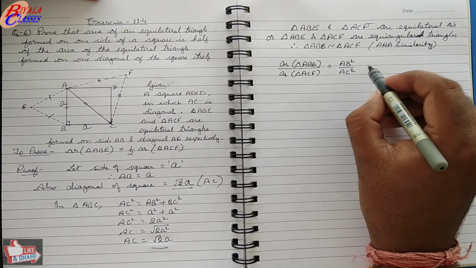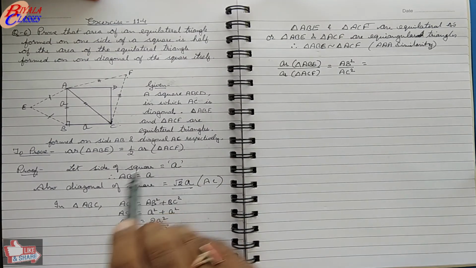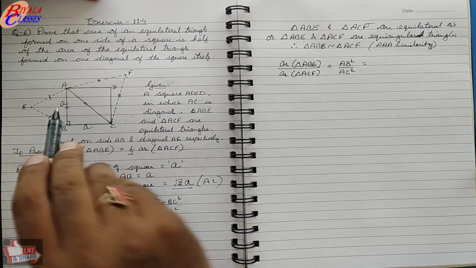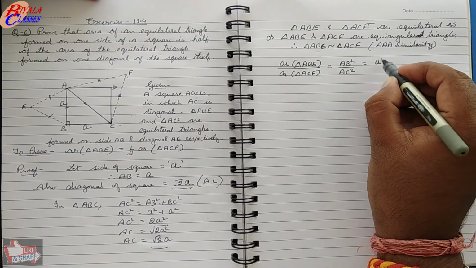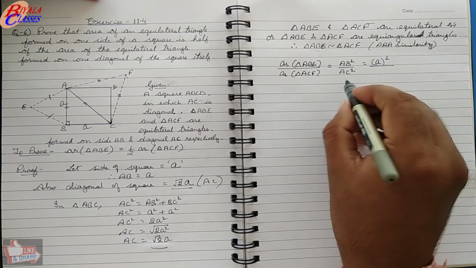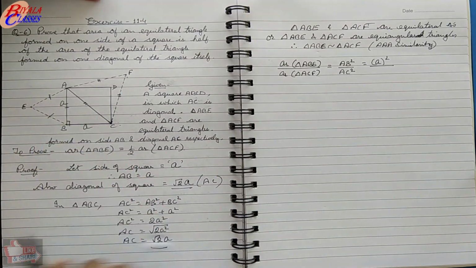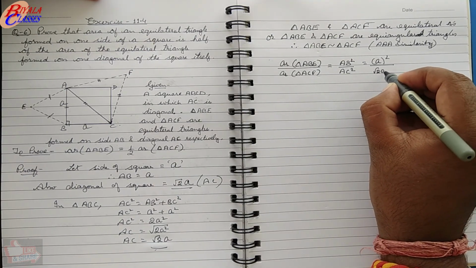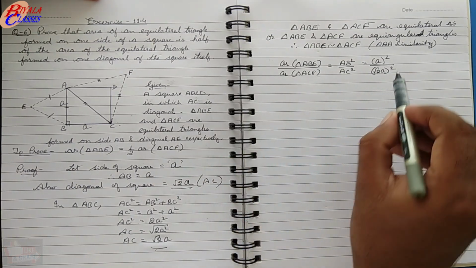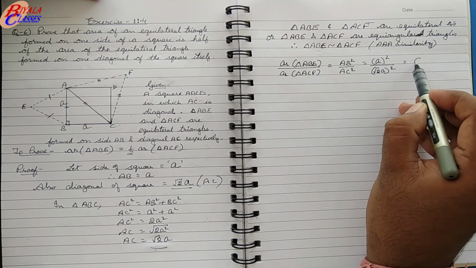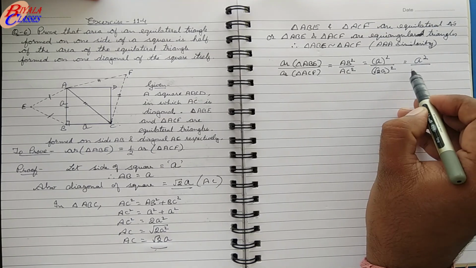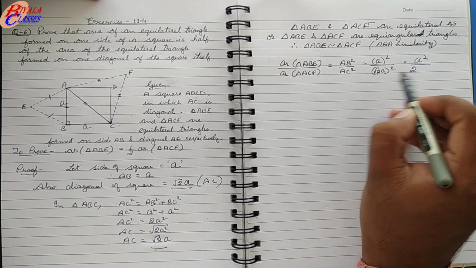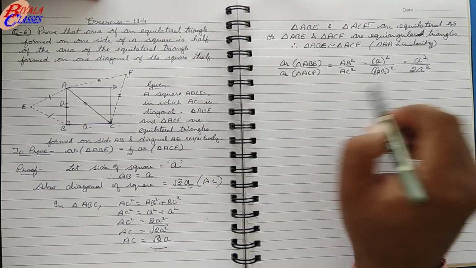Now if you take this AB squared upon AC squared, what is AB? AB is the side of the square, so it is A squared. And what is AC? AC is the diagonal of the square, so it is under root 2A. So it's the square of under root 2A.